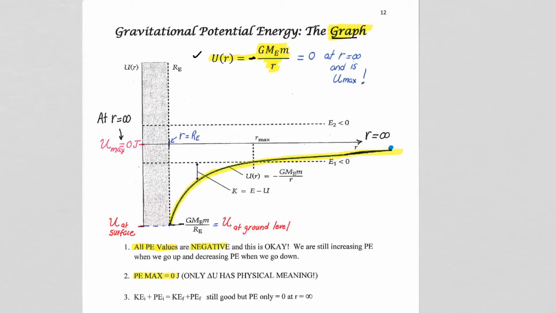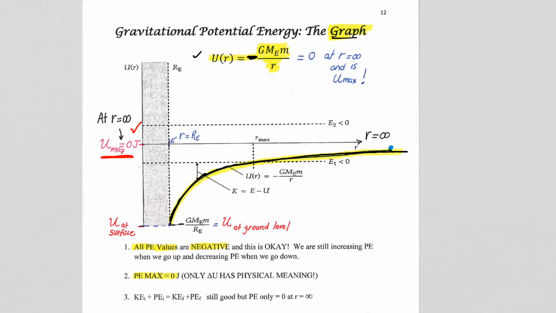So what we have shown here, I have it highlighted in yellow, but you can either highlight it or darken it in or color it up how you want. We can see that since our potential energy values are now all negative, the maximum potential energy that we now get is zero valued.